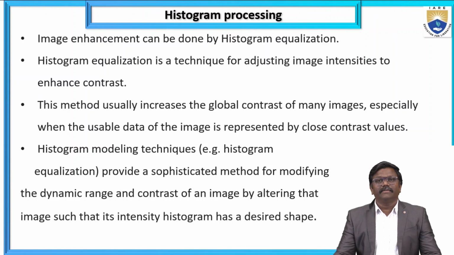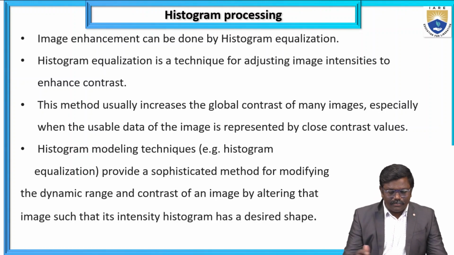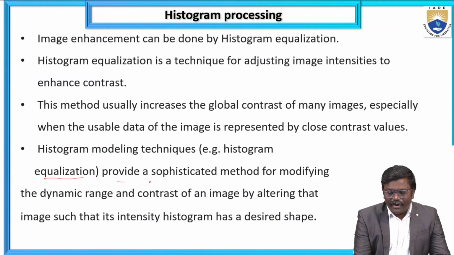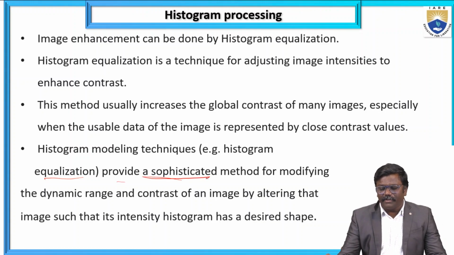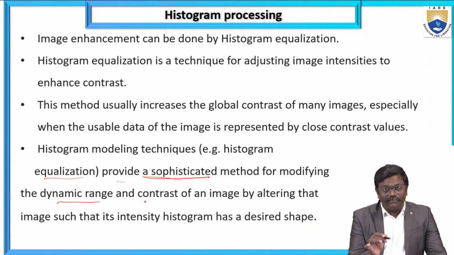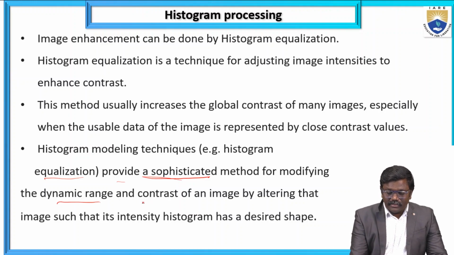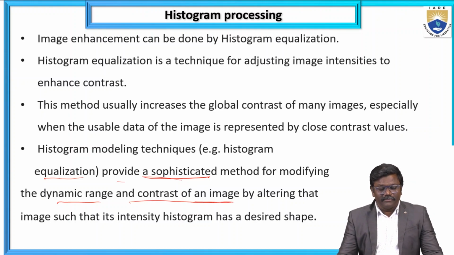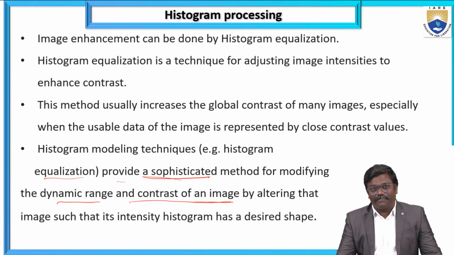Such an image helps us in concentrating on histogram modeling techniques. The best example is histogram equalization, which provides a sophisticated method for modifying the dynamic range and the contrast of an image by altering that image such that its intensity histogram has a desired shape.